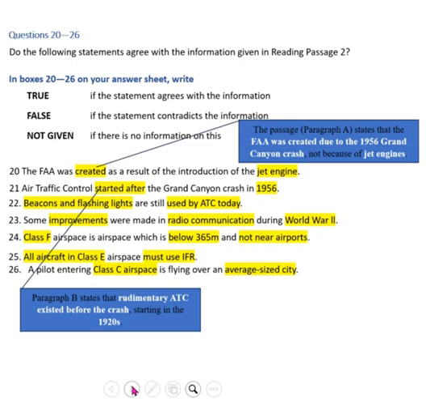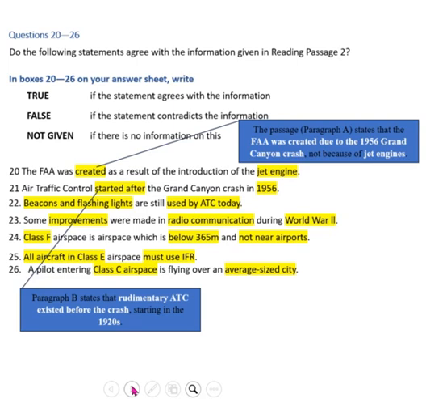Now 22. Beacons and flashlights are still used by ATC today. First, you need to understand the statements, meaning that ATC are still using beacons and flashing lights in their operations. How do we then find the exact paragraph that has information on these statements?